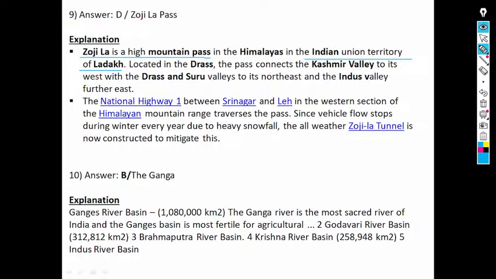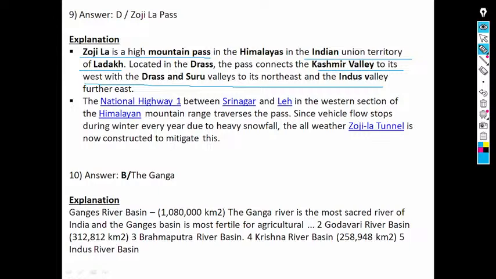The pass connects the Kashmir Valley to its west with the Dras and Suru Valley to the northeast and the Indus Valley further east.